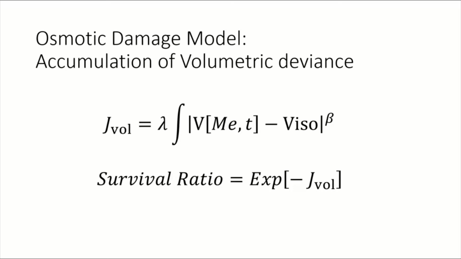J-vol is proportional to the integration of the absolute volume difference between isotonic volume, V-iso, against the current volume, V, which changes as a function of external concentration, Me, and time, T. Beta and lambda are constants that we fit. To get the survival ratio, we simply raise e to the negative of J-vol.